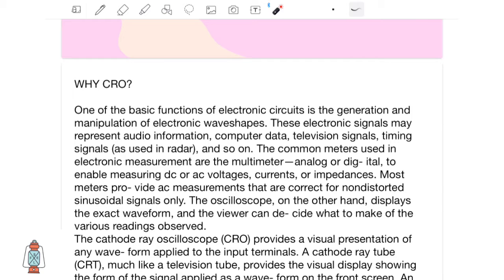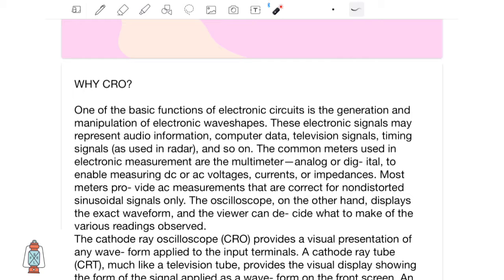So you need the exact picture of your waveform at every instant of time, which is not possible in case of multimeter, because multimeter gives you the RMS value generally of voltage when you measure the signal across it, but sometimes you need the instantaneous value too. You need values of voltages, or current or amplitude, at every instant of time.